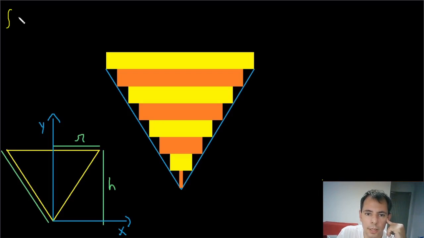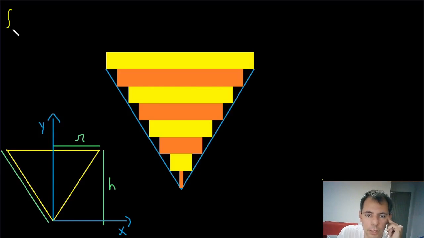So it's going to be the integral with respect to y, because you see the apex of the cone is right here at the origin. So you have the height of the cone, and you have the radius of the base of the cone. We're going to integrate this disc plus this one plus this one plus this one plus this one, all infinite discs, until we have the entire volume.